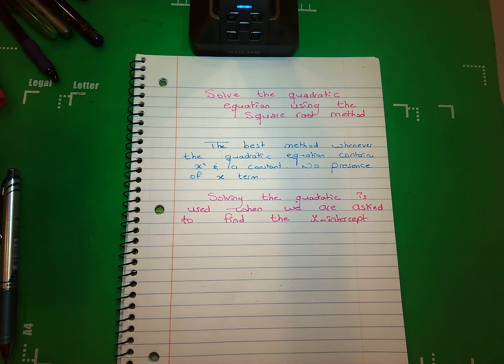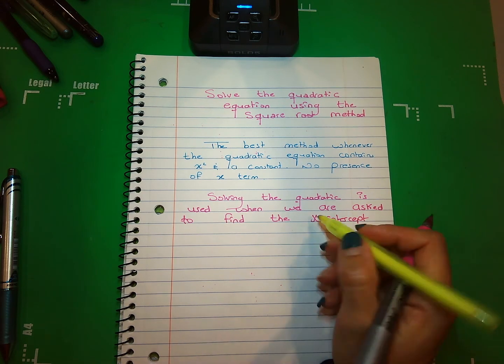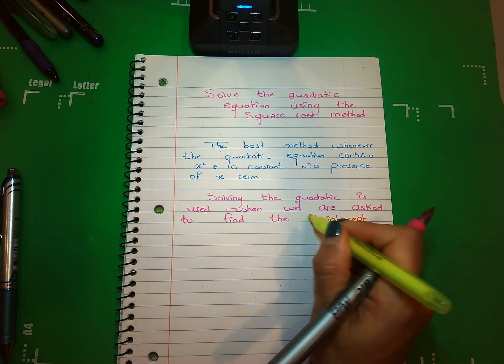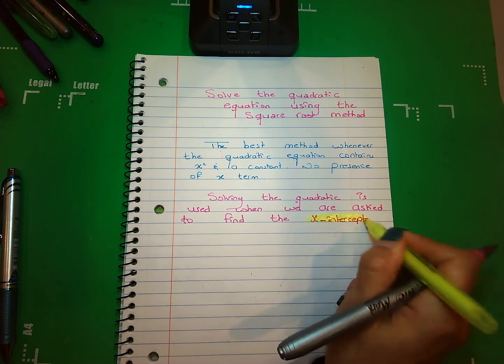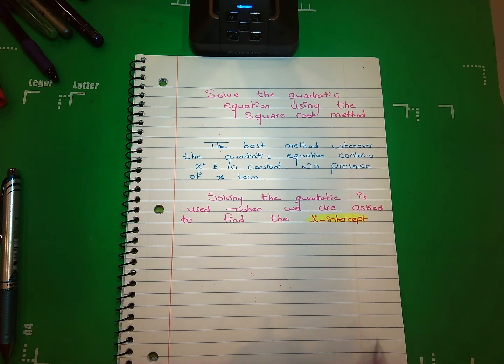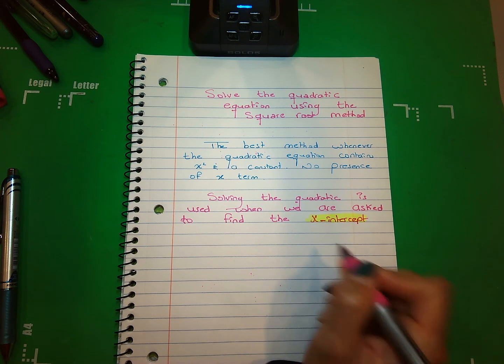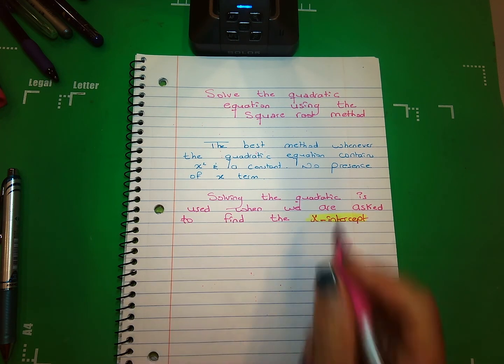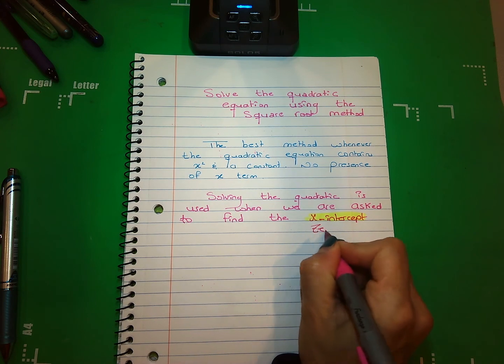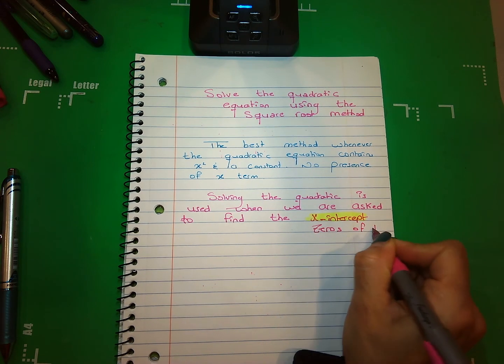And as we know, when we say the word x-intercept, we automatically know that y is 0. What do we call the x-intercept? It has the same meaning as the zeros of the function.